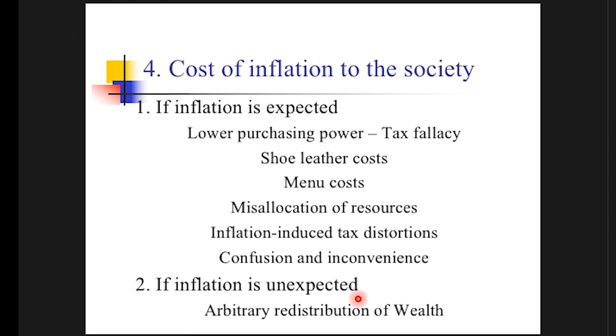So now we will explain the cost of inflation to the society. The detail in the explanation is in your textbook, so please find the explanation of the cost of inflation in the textbook.